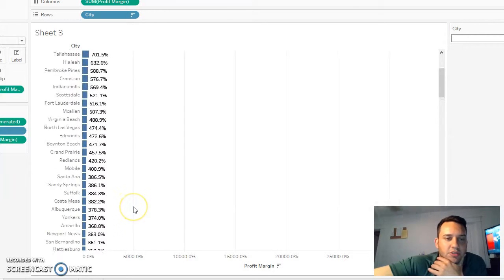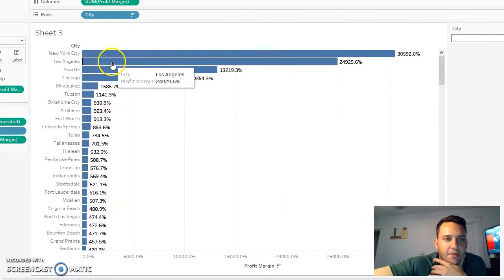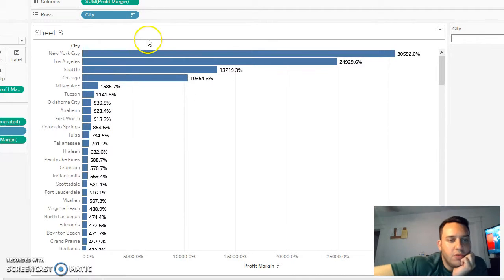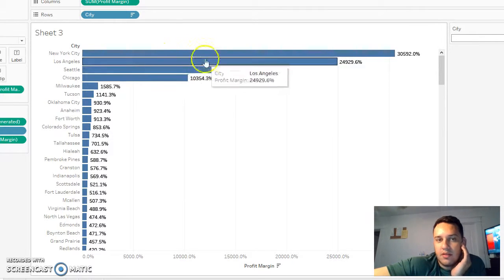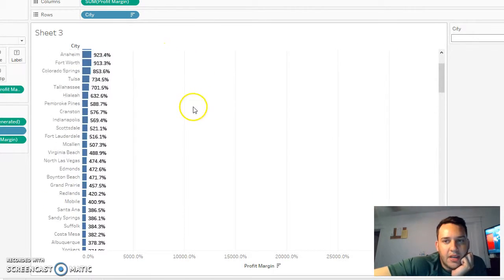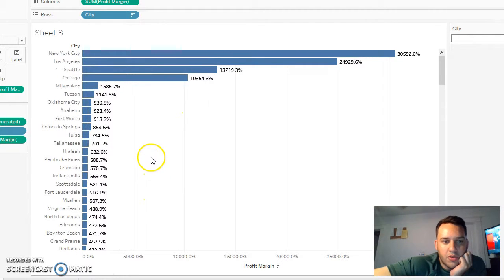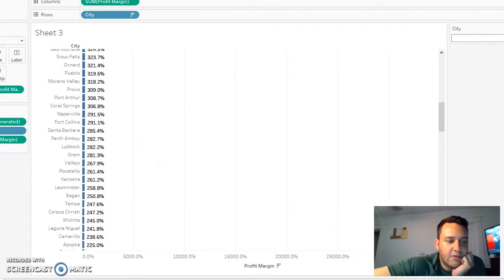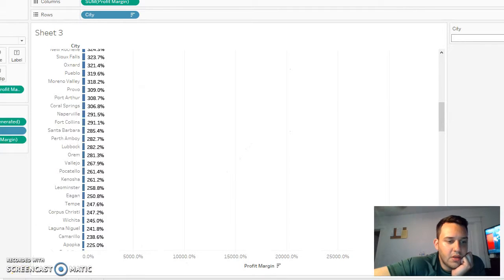I think this one also does a very good job of quickly identifying which cities are your most profitable. I thought it was important to put that in because it's a little cleaner and more to the point for someone who's really trying to get into the nitty gritty of the data, rather than just get a big picture idea like this one here.